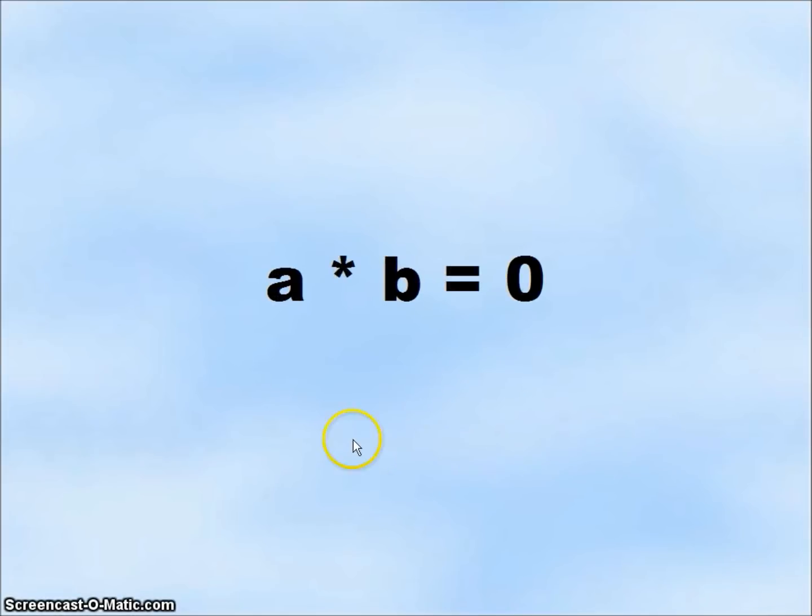So, something times something else equals 0. Well, the only way that works out is if one of those guys is in fact a 0.